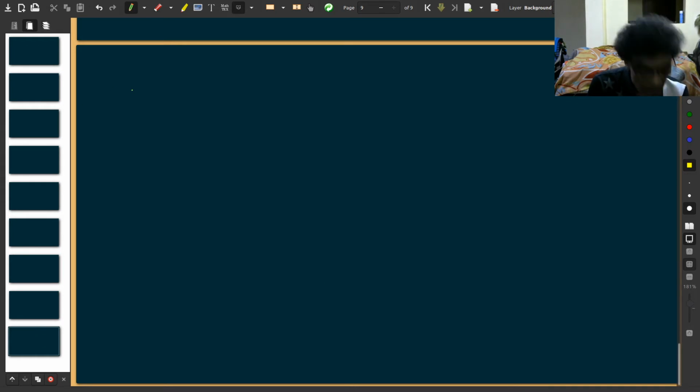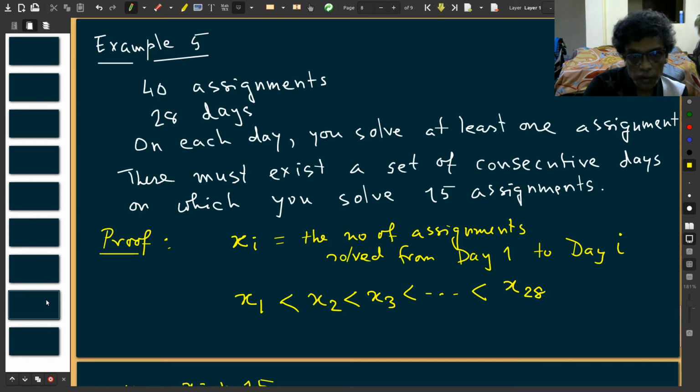For each i I define yi equal to xi plus 15. Okay. So, let us see. Let us go once more. So, this is greater than or equal to 1. And this is exactly equal to 40. Okay. So, it is important to note this.